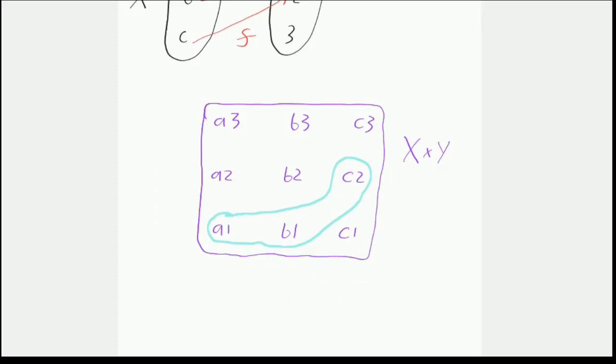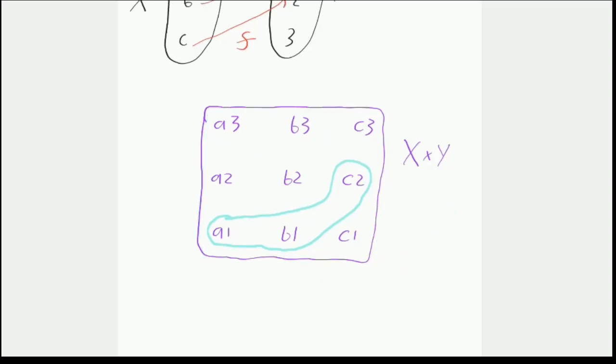So what is a relation in general? Well, a relation in general is just a subset of the Cartesian product of two sets. So this would be a relation, this would be a relation, the whole thing, that's a relation.